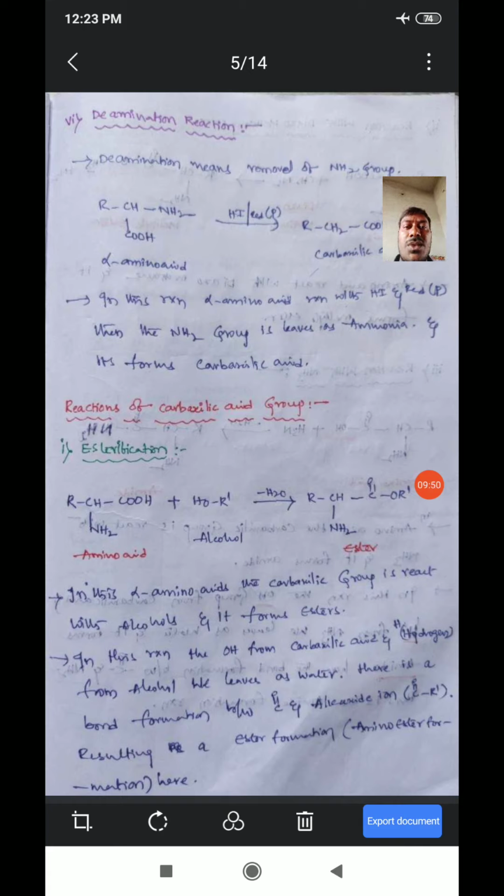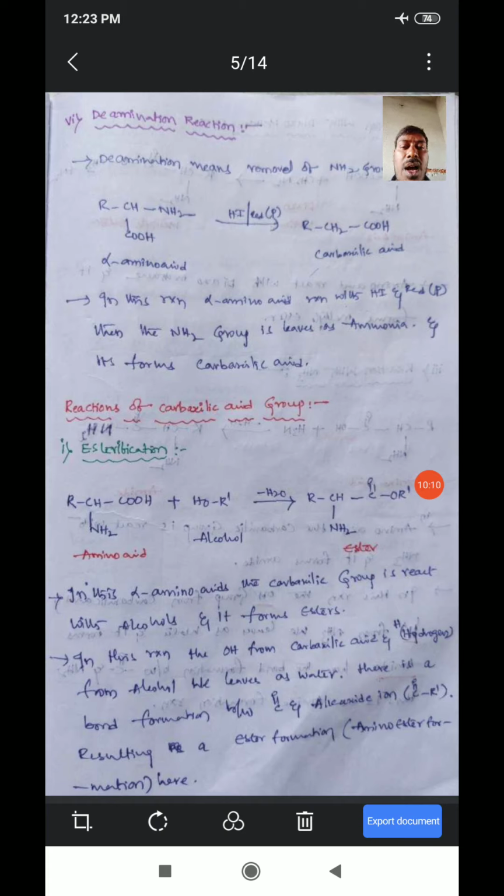So the next is the deamination reaction. Deamination means removal of the NH2 group.